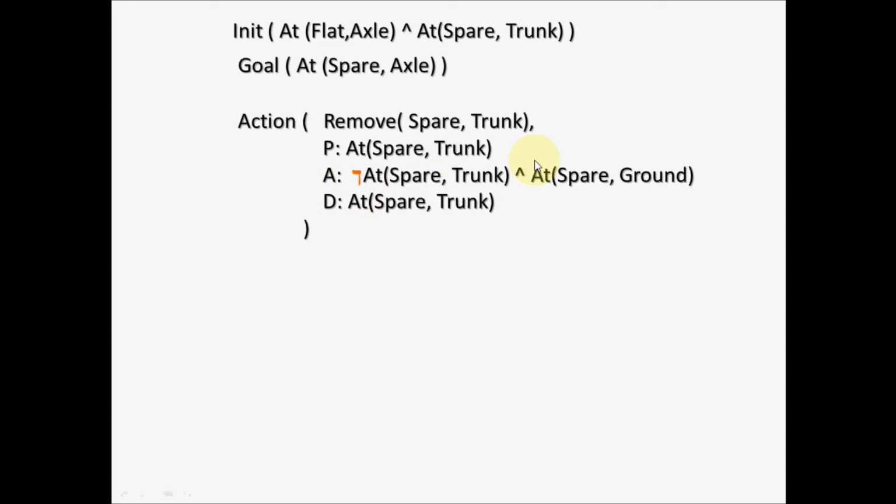So here we are specifying that since the spare tire is already removed from the trunk, the effect of that is that in the add condition, you have to specify that the spare tire is no longer present in the trunk. Okay, now if it is no longer present in the trunk, then where is it? After removing it from the trunk, currently it is on the ground. You have not yet fixed it onto the axle.